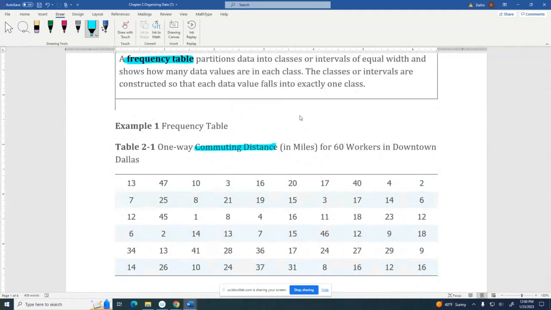It's the commuting distance for 60 workers. So we have 60 individuals. What variable? Distance. The commuting distance in miles. Just a second. We had two types of variables.